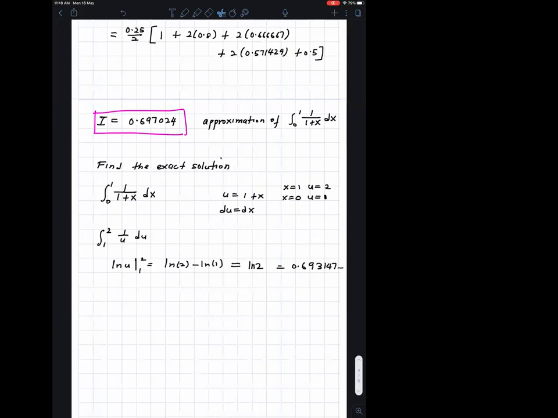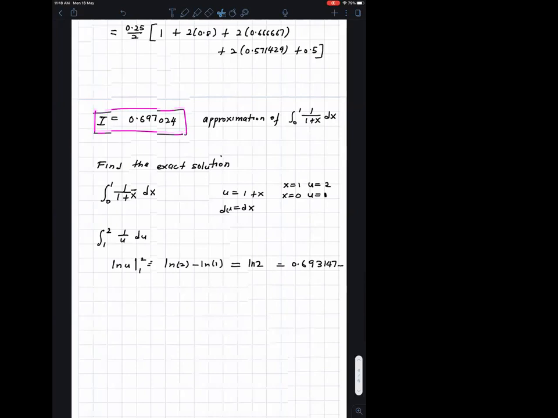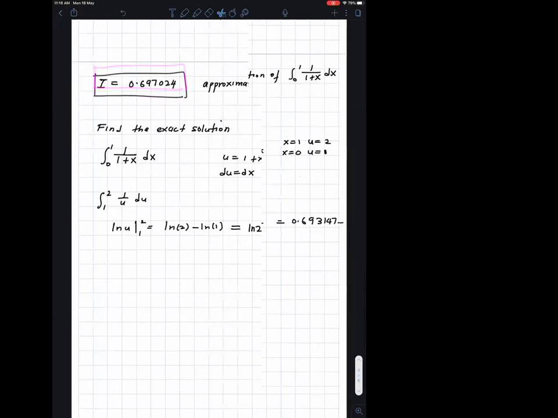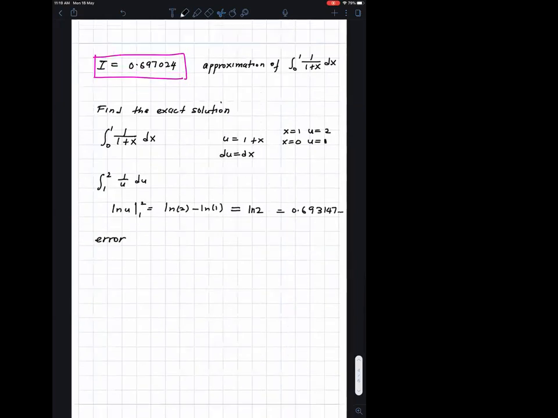So the error is going to be the exact minus the approximated, which equals ln 2 minus 0.69, the absolute value.